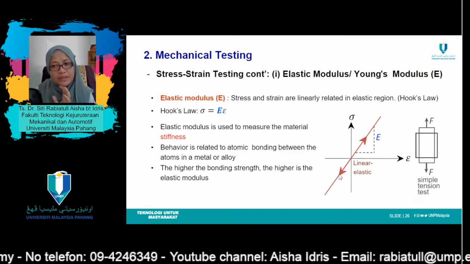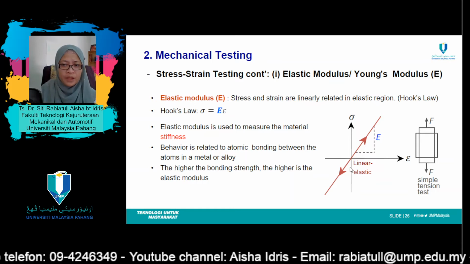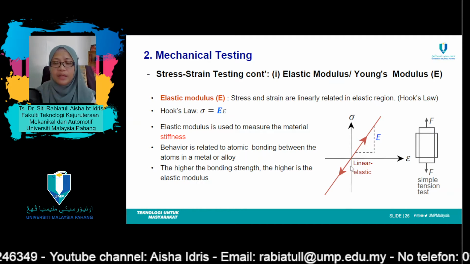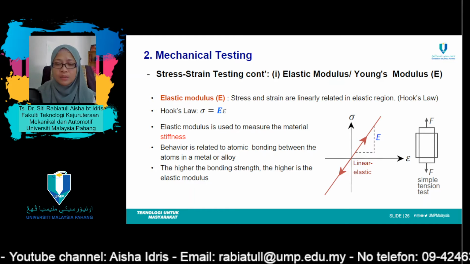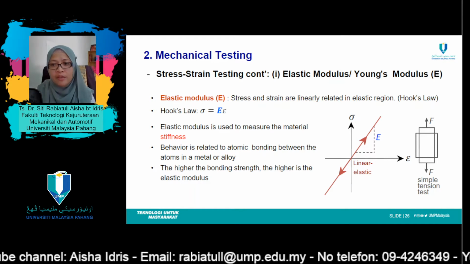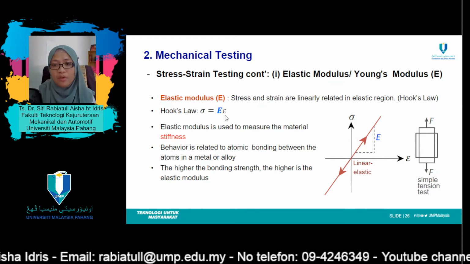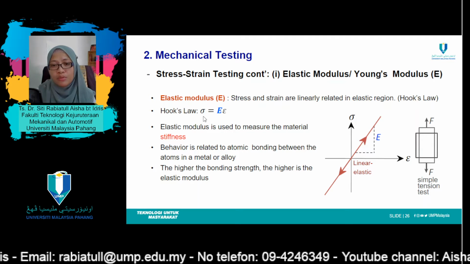Okay, so now let's look at the properties of the tensile test. Number one is Young's modulus or elastic modulus. The formula is sigma equals E epsilon, and this is also known as Hooke's law.